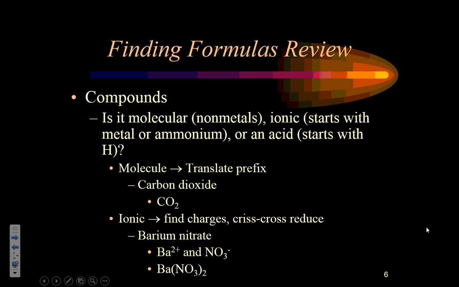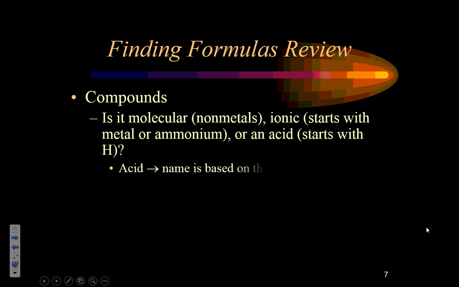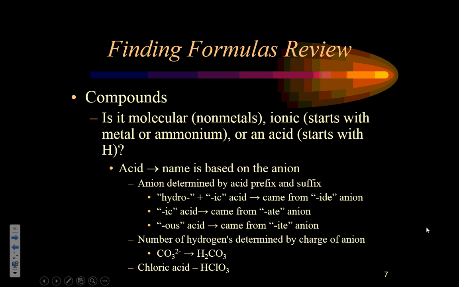Remember this because most of the compounds that you're going to end up making are going to be ionic compounds. So you'll do this more than anything else. Now, technically, it could be an acid, and I'm not sure if you're going to run into any, but just a reminder, the anion determines the name for an acid, because the molecular acids that we're going to look at in name are going to be hydrogen stuck to some anion, making a molecular acid.